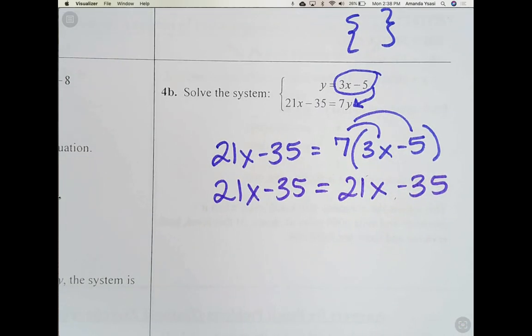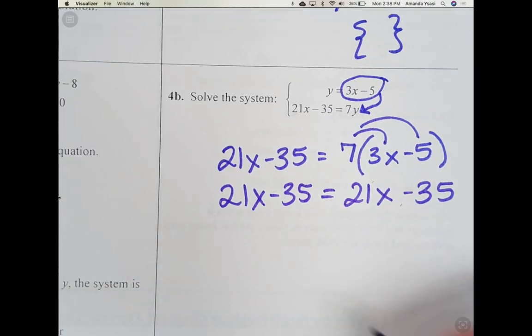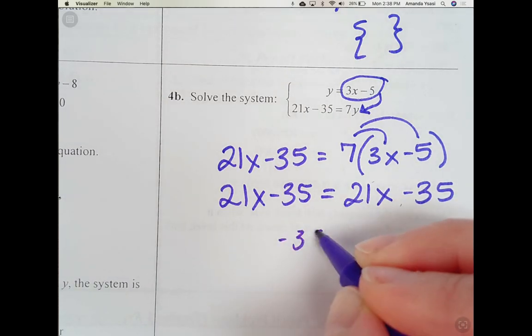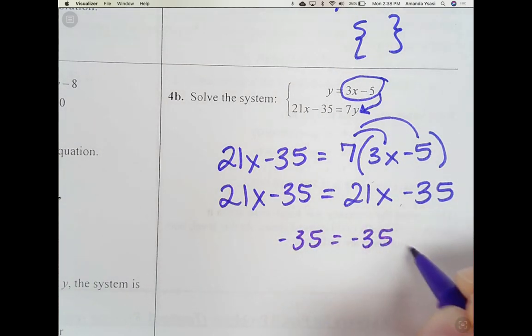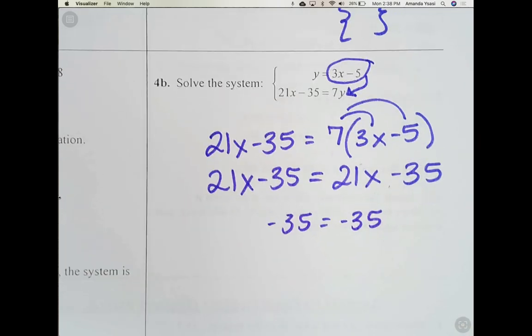What do you notice about that? It's the exact same thing. We could simplify and get -35 equals -35. So that means it's infinitely many solutions.